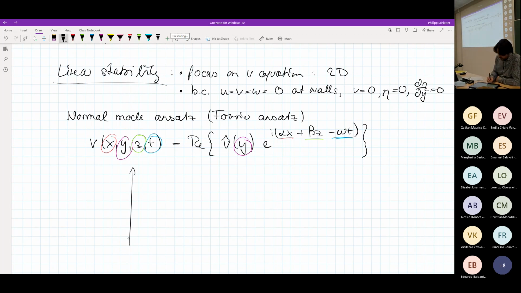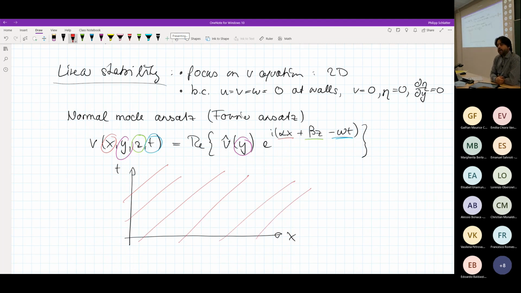So the basic idea is that you could write it as a wave. If I'm just taking now x and t, you would essentially get the typical wave ansatz that we have already used for the Stokes second problem, where if the waves look like this, then this distance here would be 2 pi divided by omega, so this would be the period, and the wavelength would be 2 pi divided by alpha.